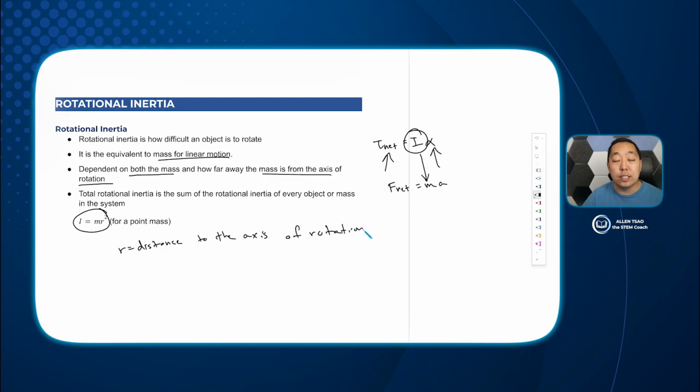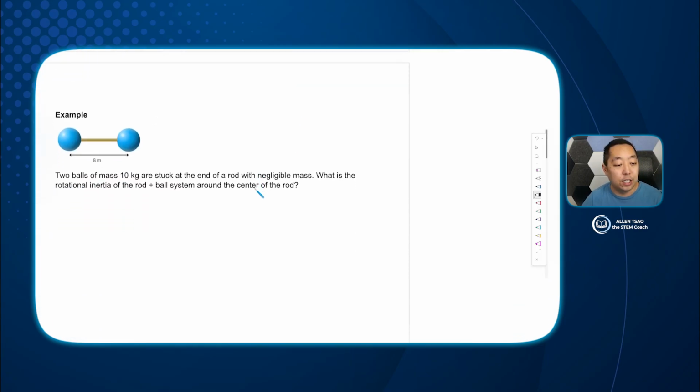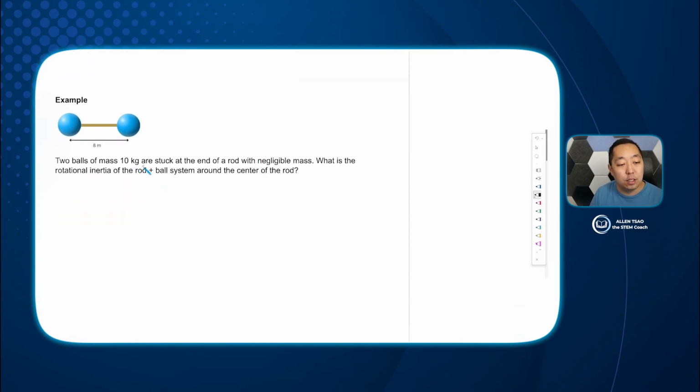So let's go through and see how we calculate it for different scenarios. We have two balls of mass 10 kilograms stuck at the ends of a rod with negligible mass. What is the rotational inertia of the rod plus ball system around the center of the rod? We make our axis of rotation the center here, and each ball is 10 kilograms. To calculate the rotational inertia, I add up the mr² of every object. The r to this object is 4 meters, and the r to this object is also 4 meters.